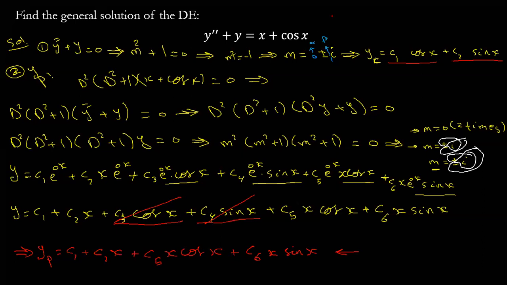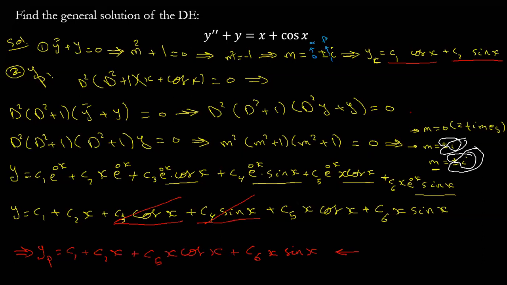Then you will equate the coefficients of cosine, of sine, of x times cosine, x times sine, of x, and the constant number, so you can easily get the values of your c's. After getting the values of c's, plug into YB, then add YB and YC together to get the general solution of the given differential equation.